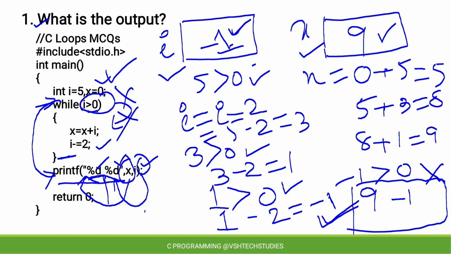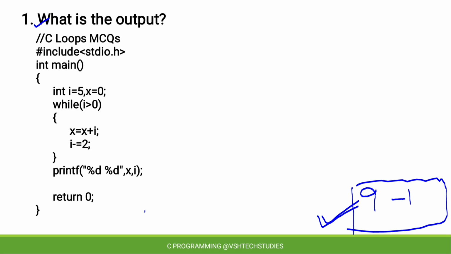Okay, that is very important. So the multiple options given are A, B, C, D. 4 options are given. Option B is correct. Okay, so this is how we'll have to trace and get the correct output. Then we can choose the correct option.